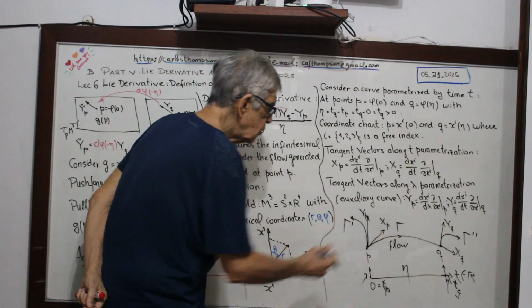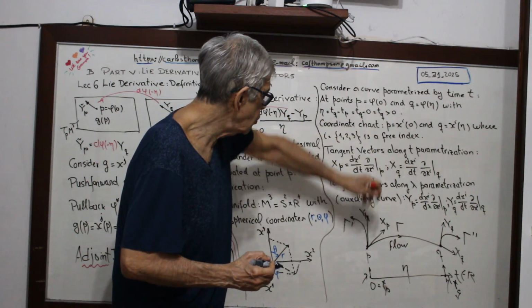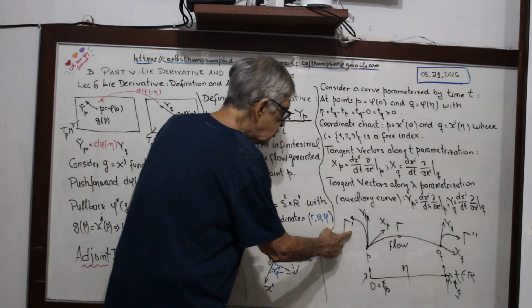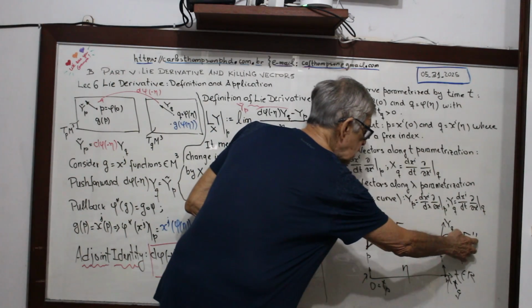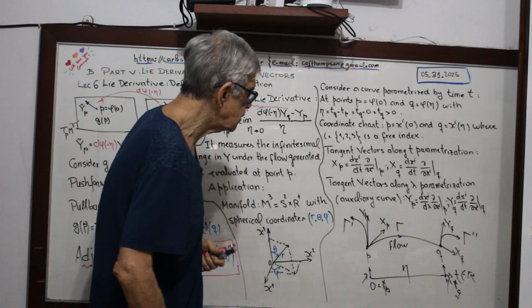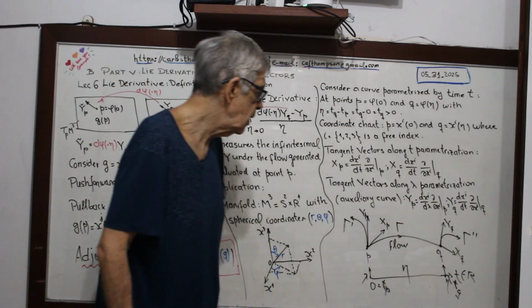Now this figure here explains exactly what I wrote over there. This curve is parametrized by lambda, and this curve here is parametrized by time t.